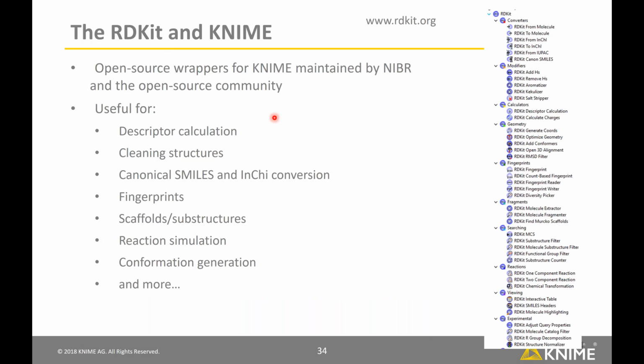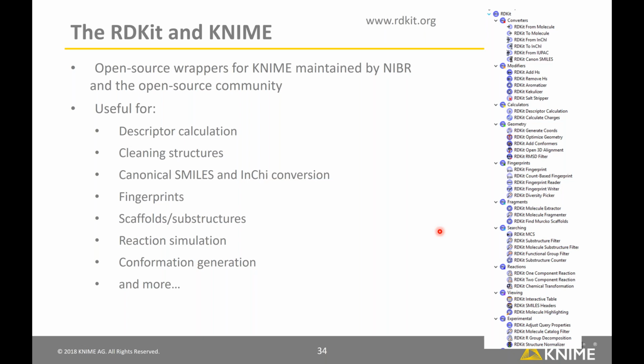The RDKit has a very good Knime implementation. This was the original version of this, and it's continuing to be done. The original version was done by my group at Novartis, and they're continuing to maintain it. We also have a lot of support coming in from the open source community there, making suggestions about node status, bug reports, etc. I show a list of nodes on the right-hand side.